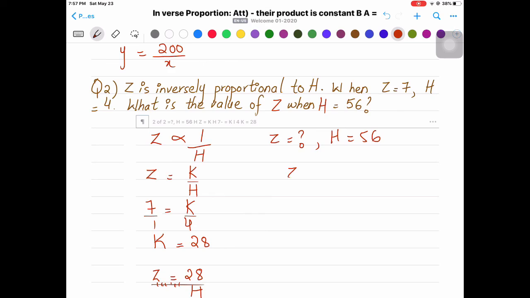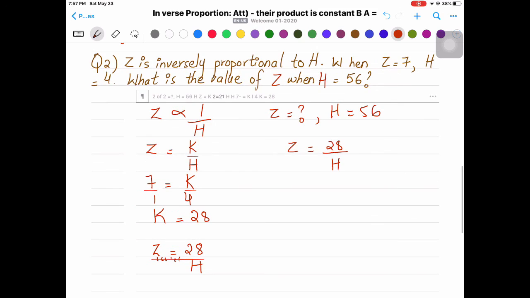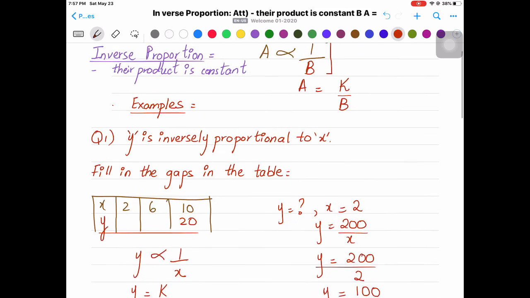So z equals 28 over 56, which I am guessing will be 1 over 2. So we are done with the questions.